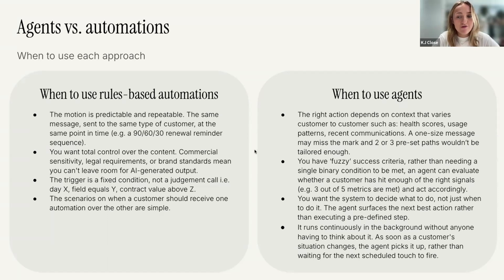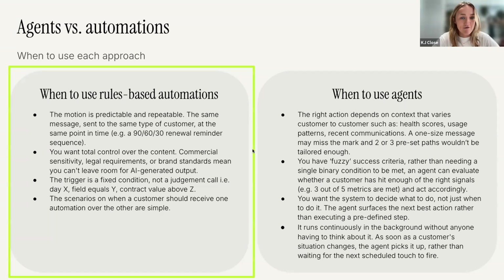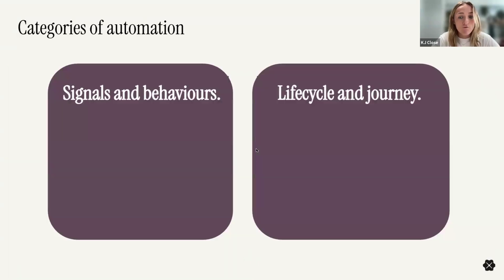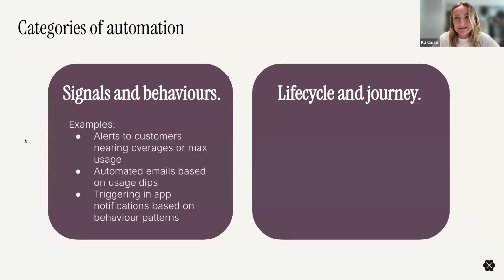Okay, so now you know the theory. The fun part is in designing these automations and figuring out where to start. So there are two categories of automations. The first is signals and behaviors. These are things that happen in the data. Think license overages, usage dips, champion departures, behavior changes, even external factors like M&A activity.